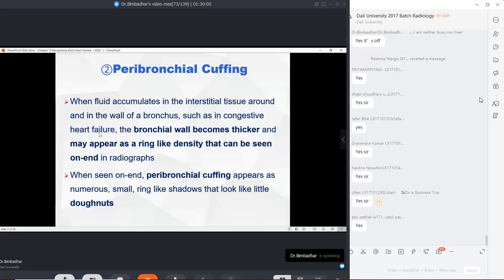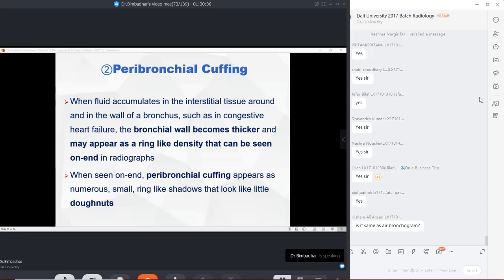So in congestive heart failure, particularly, the bronchial wall becomes thicker and there is a ring-like density that can be seen on end, meaning seen end-on on the radiograph. A ring-like density appearing along the bronchus suggests there is accumulation of fluid in the interstitial tissue and in the bronchial walls. That condition is called peribronchial cuffing.